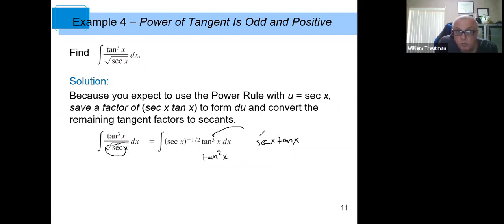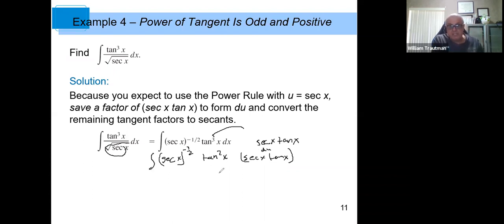We had a negative 1, and if we subtract 1, our power now should be a negative 3/2.